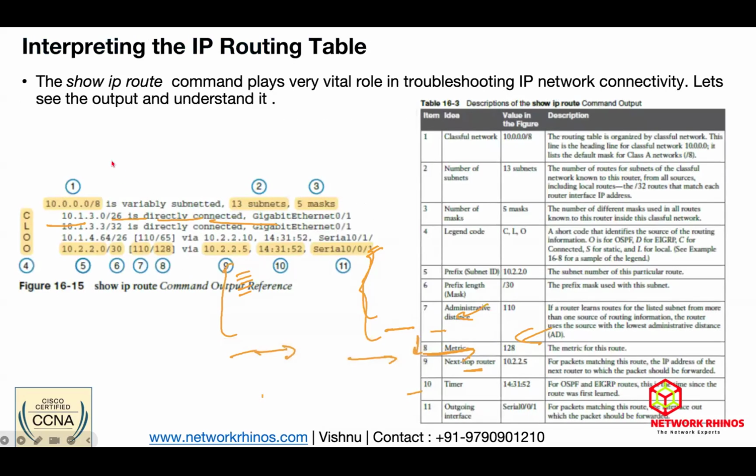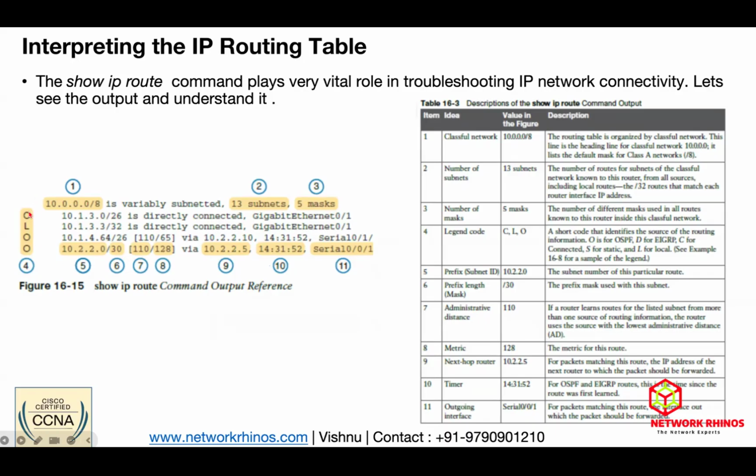So at last, talking about your routing table, here is your destination IP, how many subnets I'm having, how many masks I'm having. Again, destination IP, subnet mask in slash notation. Next is your AD value, metric value, next hop IP address, how long I have been learning that IP, and via which interface of mine is used to reach that IP address.